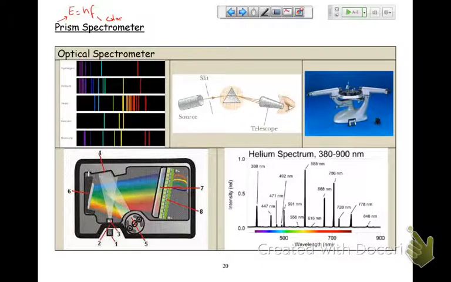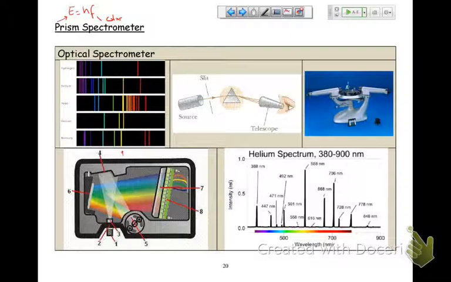So I can look at hydrogen and I see a red, a kind of peacock green, a blue, some purples. That's very distinct from mercury, which incidentally has a double line, which is kind of interesting, and neon and so on. Very distinct. And these are like fingerprints.